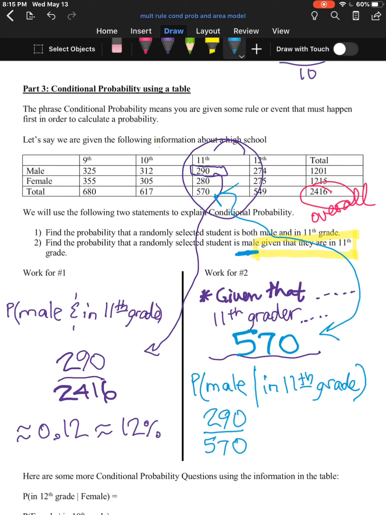So the probability that a person is male, given that we know that the person we are selecting is in 11th grade, is 290 out of 570, which is approximately 0.5088, which is approximately 50.88%.